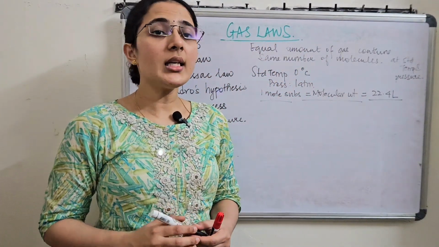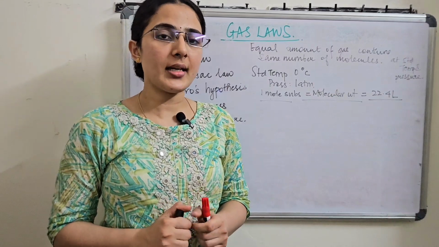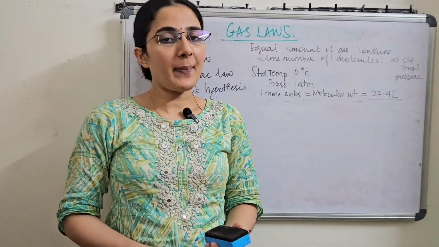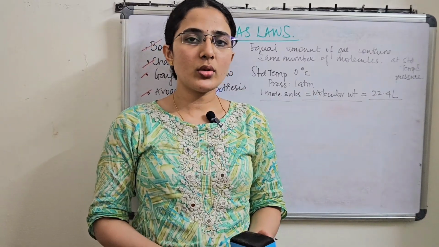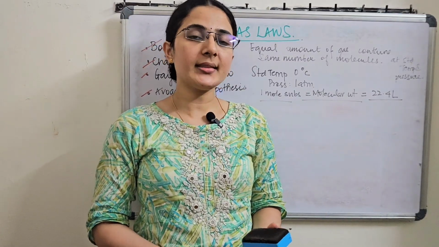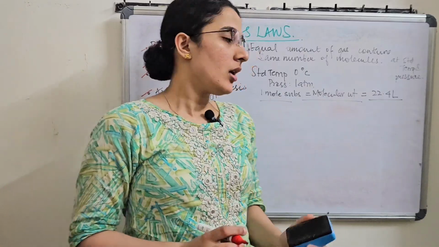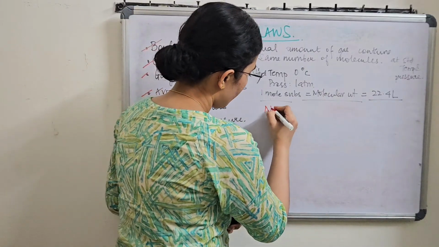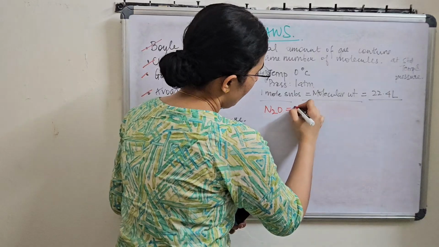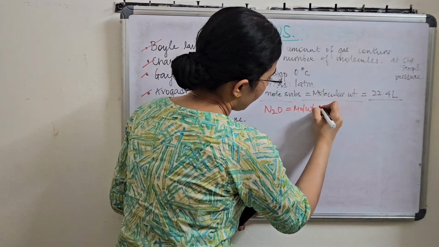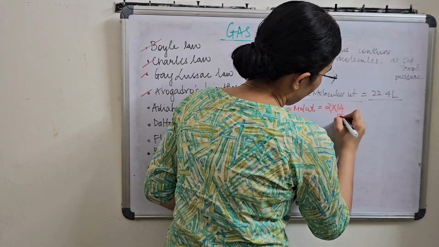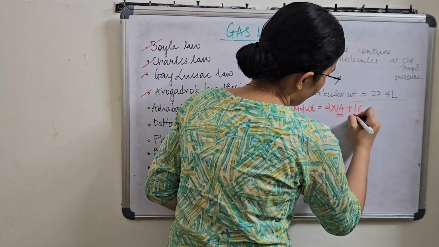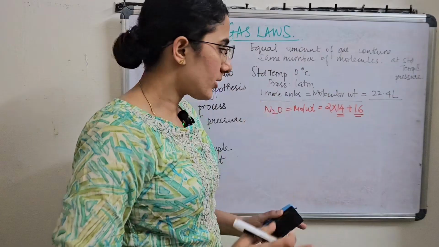Coming to the application of Avogadro's hypothesis, it will tell us the amount of nitrous present within the cylinder. As we know, nitrous is N2O, so its molecular weight will be 2 into 14, which is the molecular weight of nitrogen, plus 16, which is the molecular weight of oxygen.